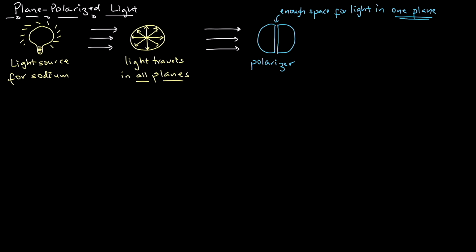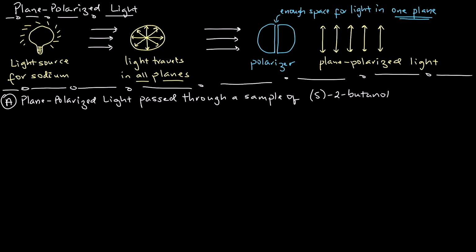So the idea is that you're going to cut off light in every other plane except for one. So now imagine that light traveling through that particular slit. What you should end up with is this particular result where what's coming out of that polarizer is simply light in only one plane. And so we're going to call this plane-polarized light.